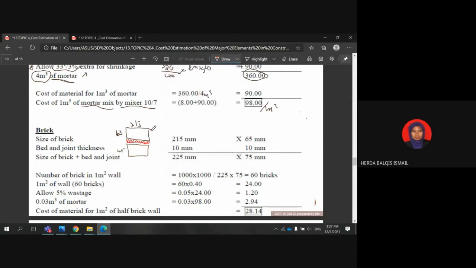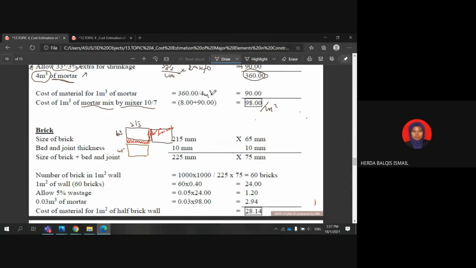At the side, this is known as the joint, to fix with another unit of brick. So you need to consider the bed and joint thickness.